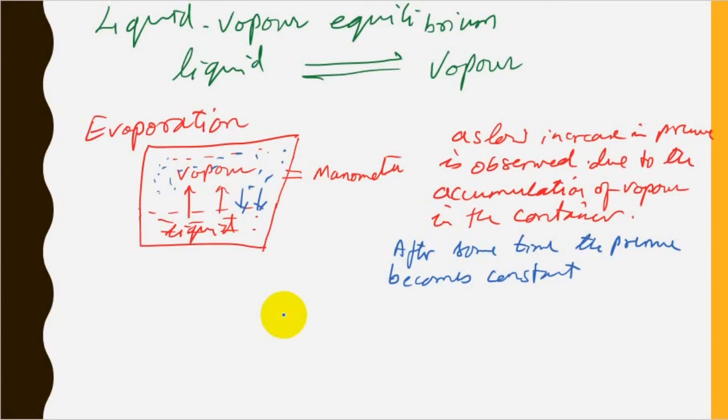Is it clear? So now, inside the container, the liquid is evaporating and condensing also, at the same rate. Equilibrium has been established because the rate of evaporation and the rate of condensation have now become equal.